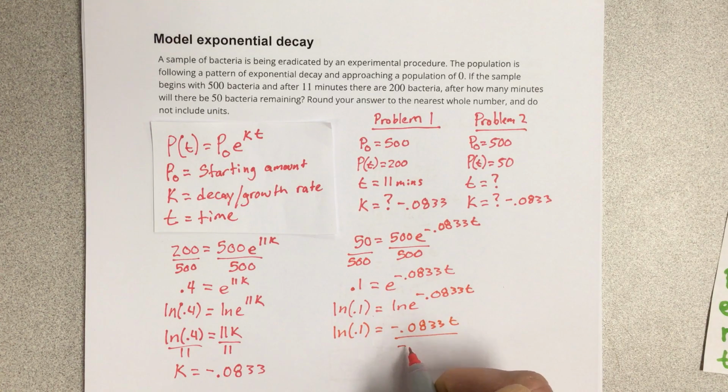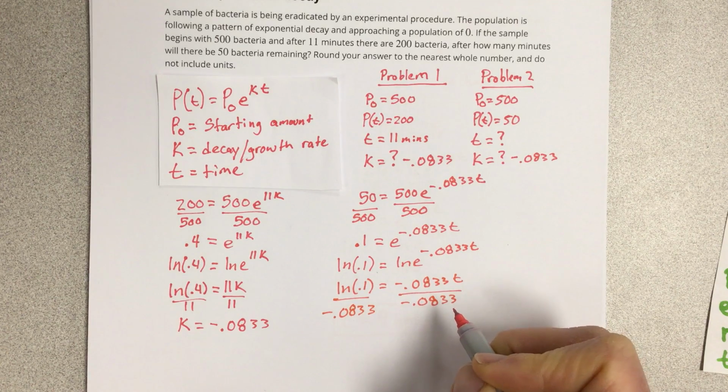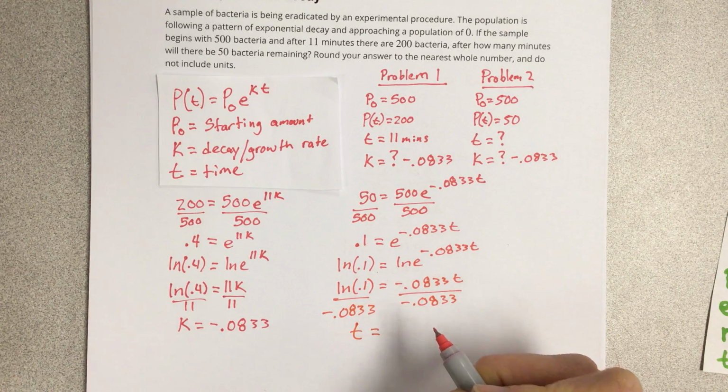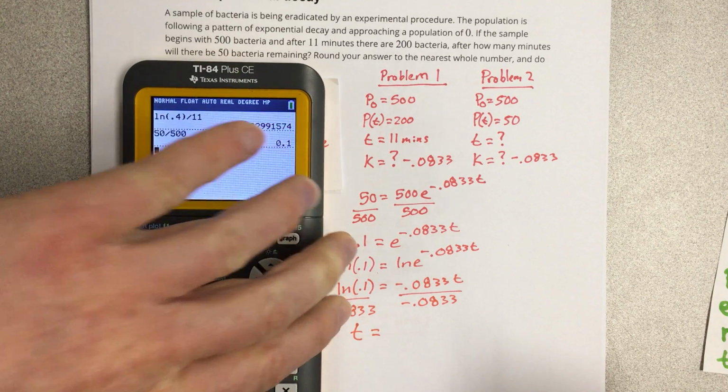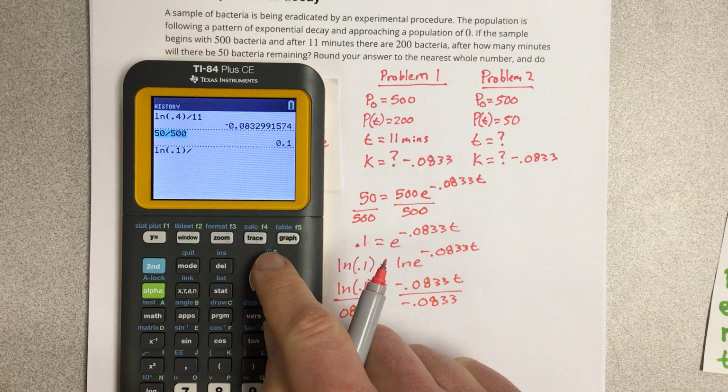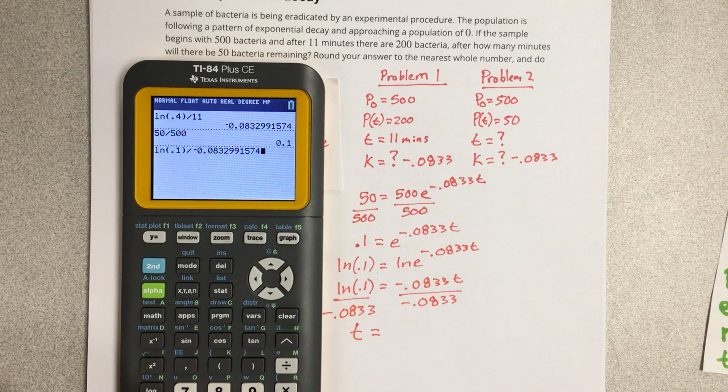We're going to divide by negative 0.0833 on each side. And that's going to leave us with t equals. I'm going to plug that in the calculator. So I'm going to say natural log of 0.1, and I'm going to divide it by the answer I got earlier, the long decimal.